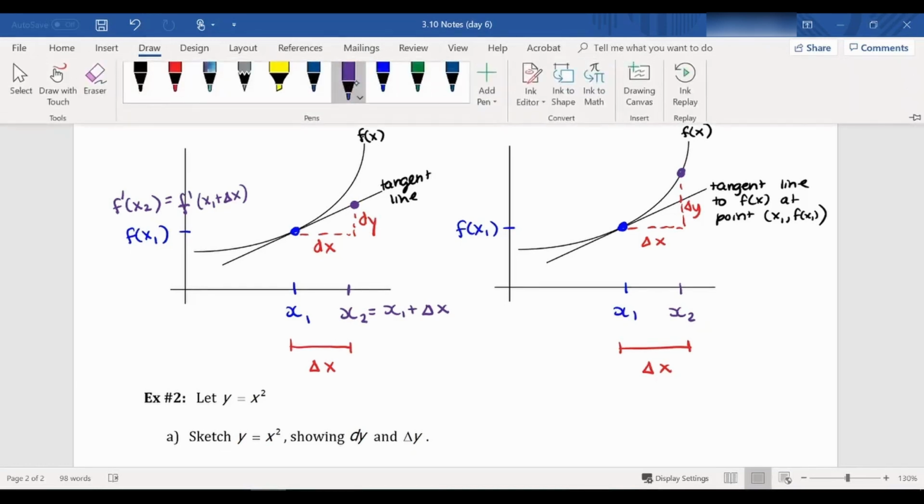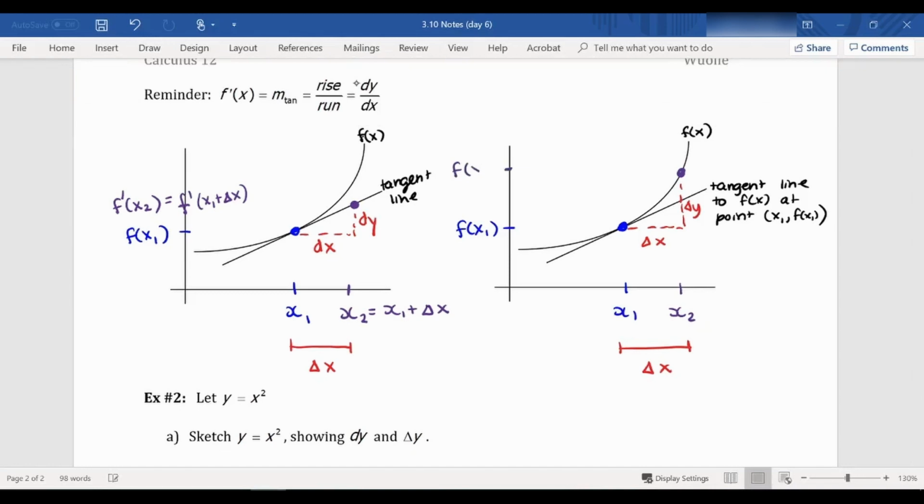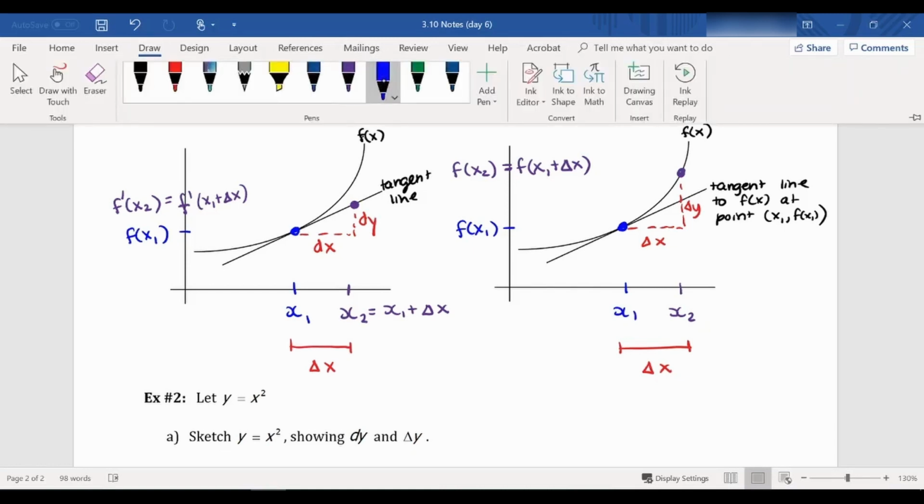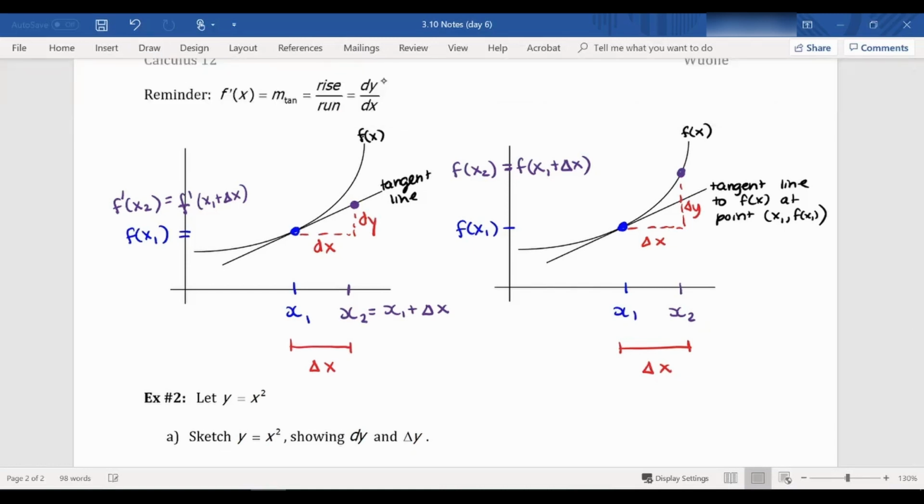So if I put my y coordinate on my y-axis, I get f of x2, or f of x1 plus delta x, whereas on the tangent line point, the y coordinate is f prime x2, or f prime x1 plus delta x. So the point of tangency is a y value on both my original curve and my tangent line.